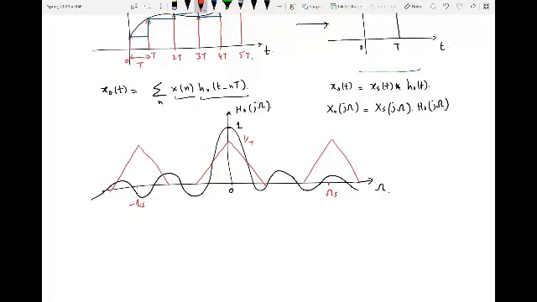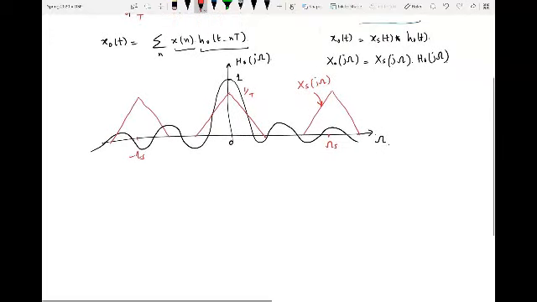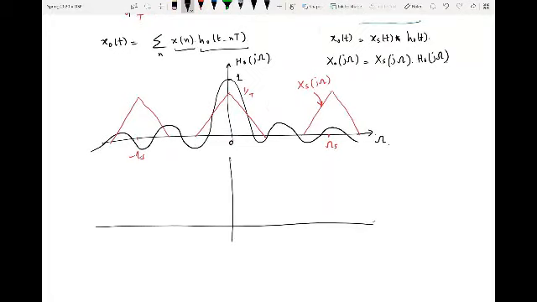So now we have to multiply this black h naught of j omega and this red one, which is xs of j omega, point by point. So if you multiply them point by point, what may be the output? If you roughly draw this output on the same scale, the output x naught of j omega, it will be like this.